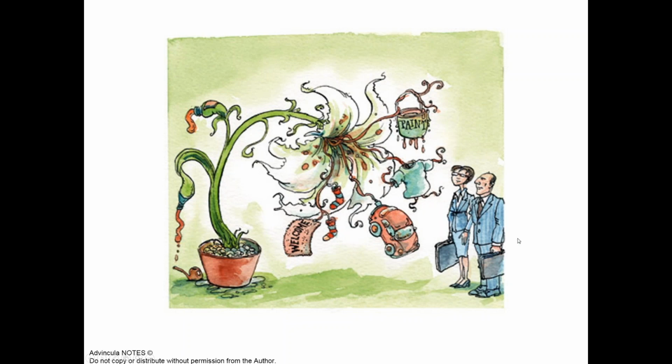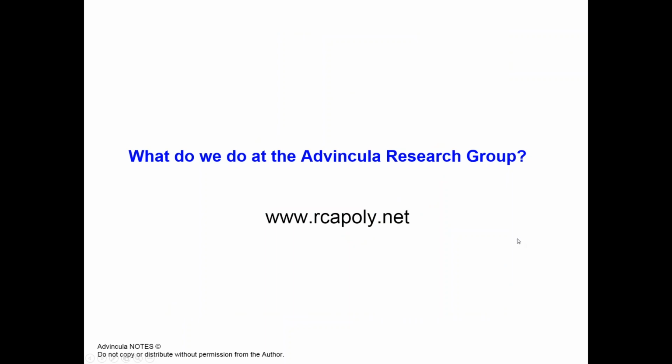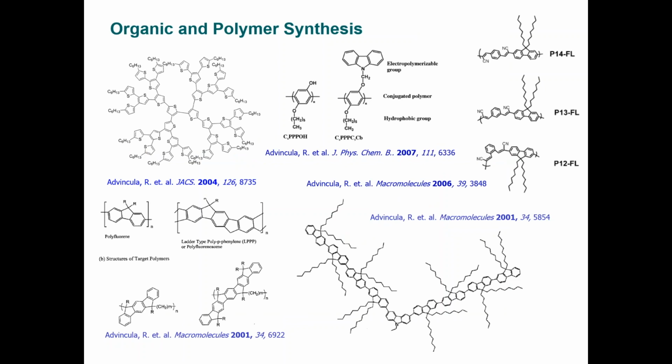So with the remaining time we have, I would like to take some time now to introduce our group. Our group does a lot of polymer synthesis. This one is related to the synthesis of what we call electro-optical polymers. These polymers can be in the form of dendrimers, ladder polymers, different side groups that are electro-optically active.